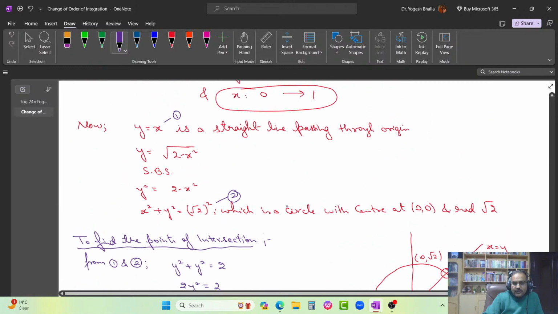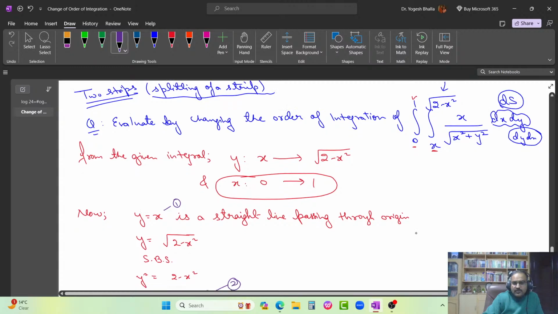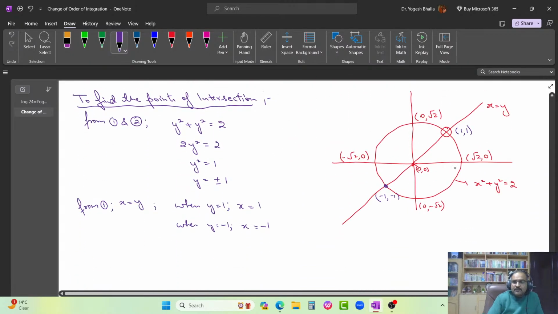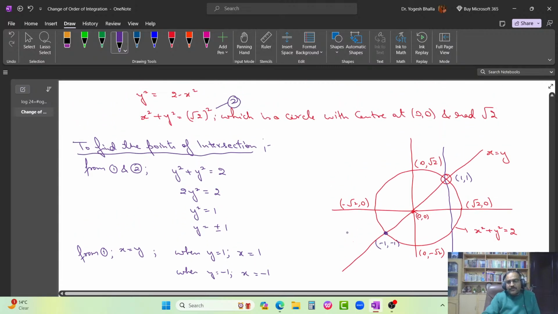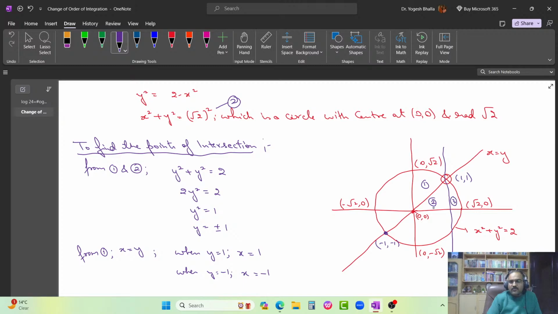So I have identified the points of intersection. Now x is varying from 0 to 1. X equal to 0 means the y-axis, and x equal to 1 is the line passing through the point of intersection. Now which area have they taken out of these three areas, 1, 2 and 3?